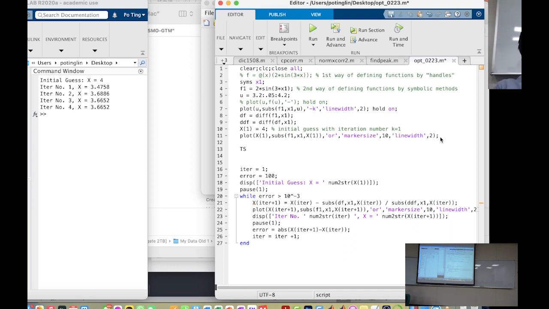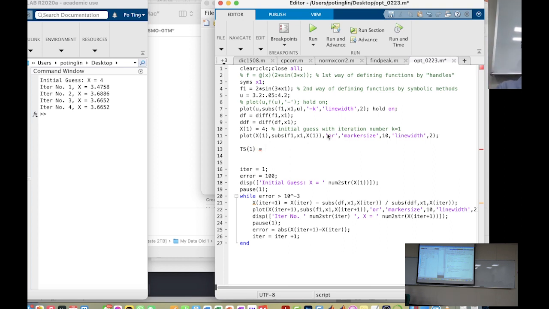TS, and then I'm going to use a bunch of symbolic functions. Do I use symbolic? Yeah. And then I will place them in a cell. So the largest bracket is cell. So the first cell will be keeping the first function.